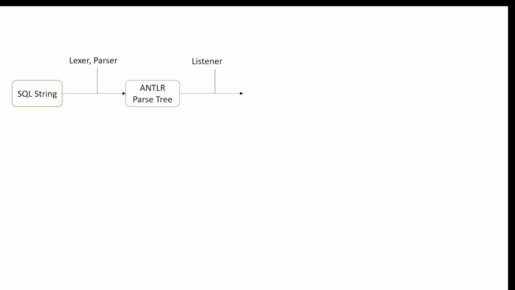So each time a token is there, what should happen with it is decided in here. This generates an unresolved logical plan. We will go through in detail what unresolved logical plan means. But basically, as of now, Spark does not know how to resolve it, like what a column or a table means. So that information is not there yet.